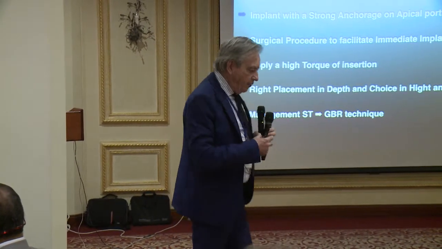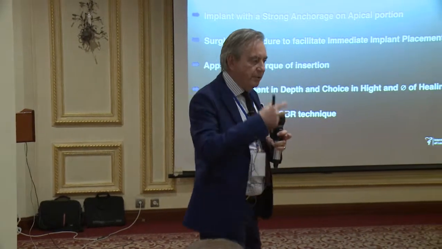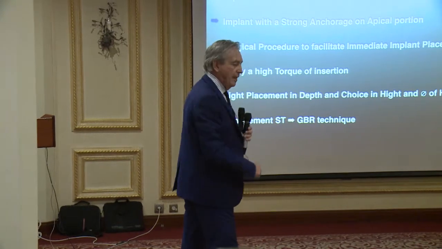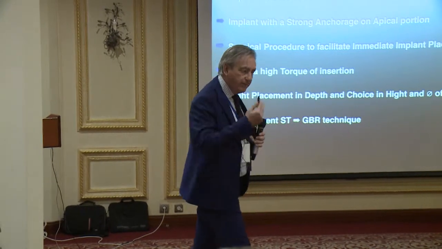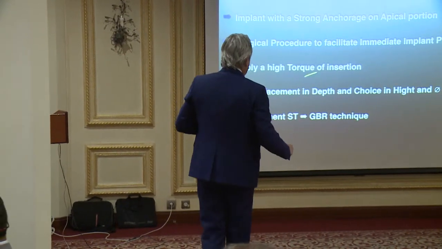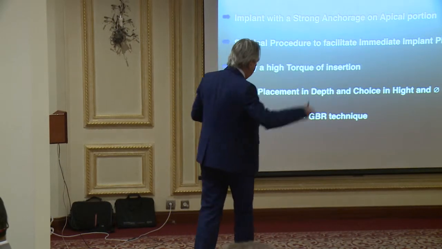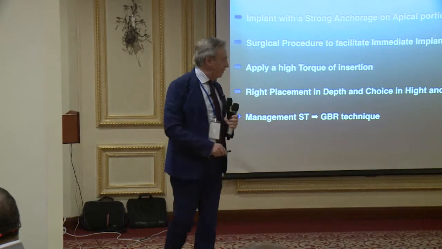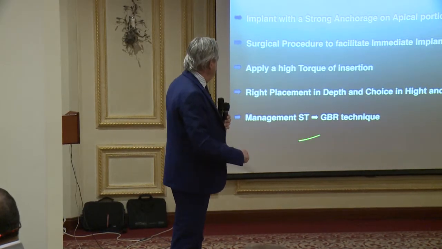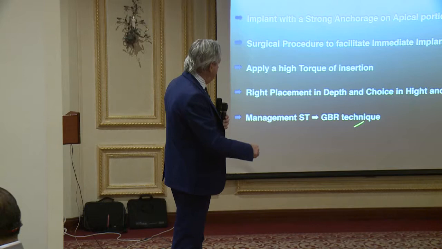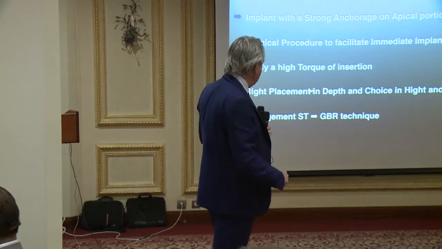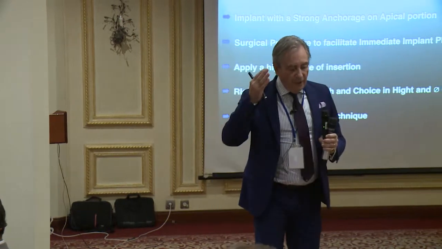Of course, if you want to expand the bone and have good primary stability, then you will have to apply a high torque, and you will see that it's possible. And the right placement of the implant in depth, and the choice of the healing screw like we talked about before. And of course, this is the issue, the management of this soft tissue.